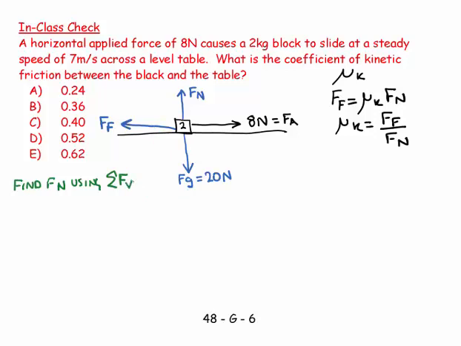The sum of the forces vertically is equal to 0, and so I can say, let's make this positive up here and negative down there, plus Fn added to minus 20 is equal to 0. So Fn is equal to 20 newtons.